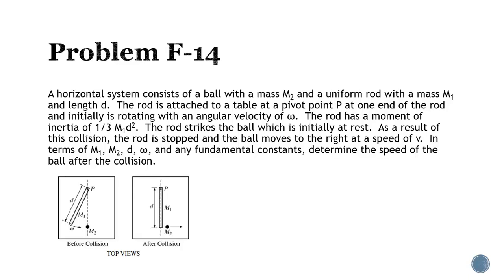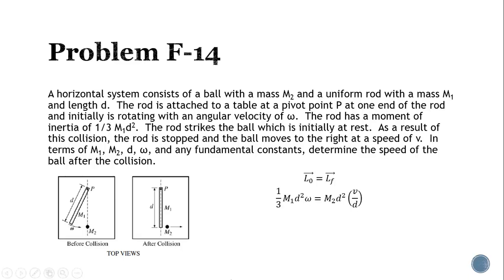Well, it happens to work out that we can use conservation of angular momentum in this situation. And what we want to do is think about the angular momentum of this ball as it moves away. So angular momentum of the system initially equals angular momentum of the system final.